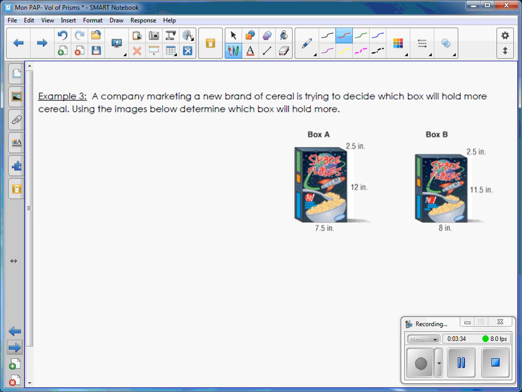In our next example, we're looking at a company marketing a new brand of cereal and trying to decide which box will hold more cereal. So we're going to use these images to figure that out. So essentially, I'm going to need to find the volume of this and the volume of this. So volume equals big B times h. Now, instead of big B, I'm going to write in parentheses base times height so that I remember that this is area of the base.